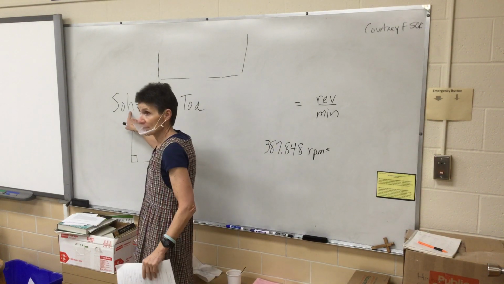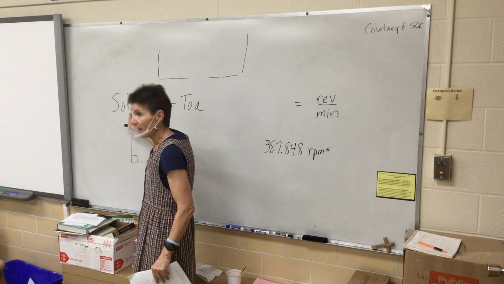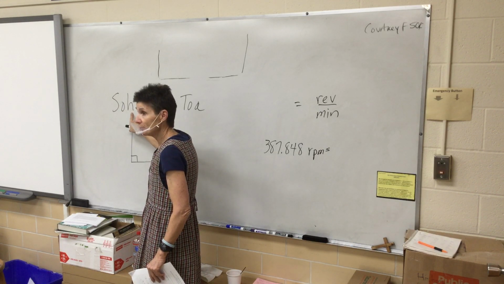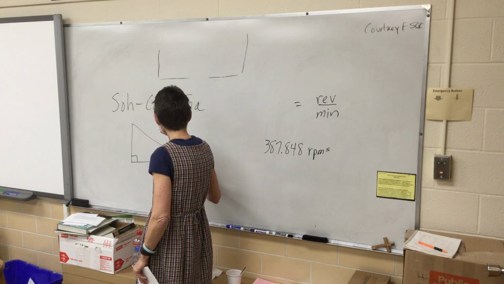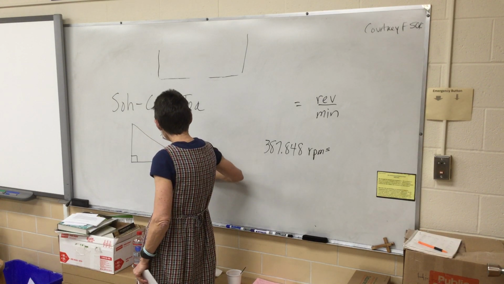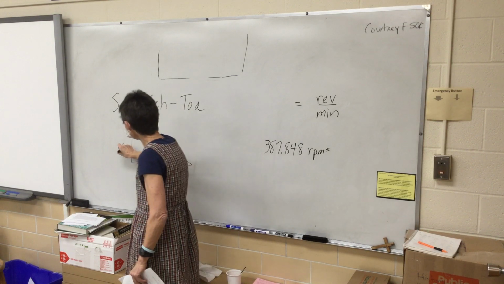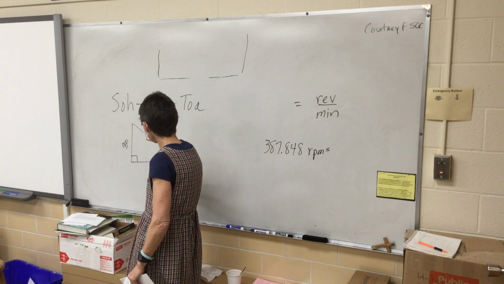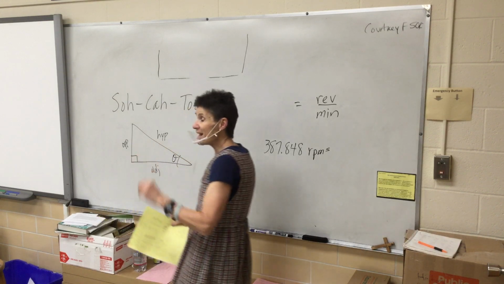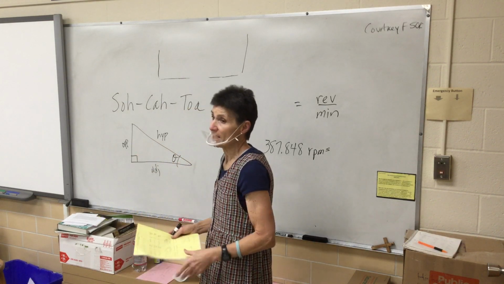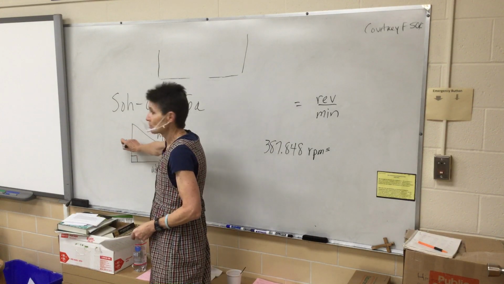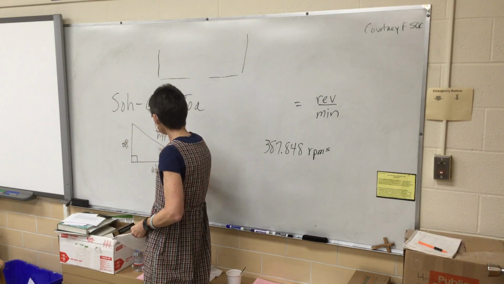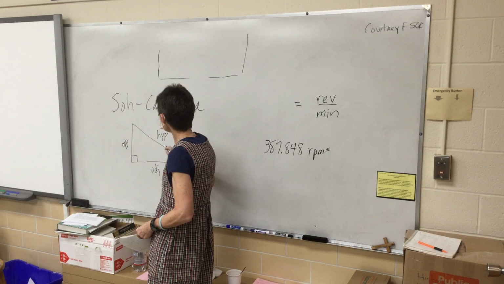Because what does the H stand for? Hypotenuse. So this is opposite over hypotenuse, and if this is our angle, I'll call this angle theta. If that's our angle, then this is the opposite side, this is the hypotenuse, and this is the adjacent side. Wherever your angle is located, the side across from it is opposite. So sine is opposite over hypotenuse.